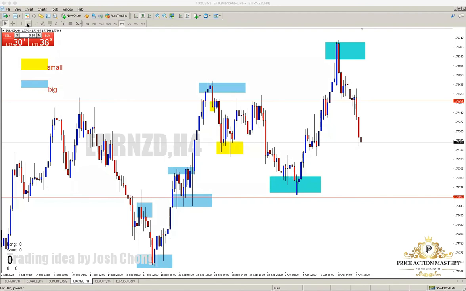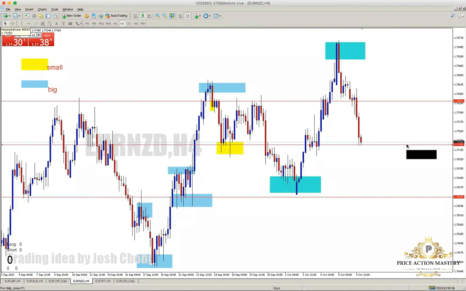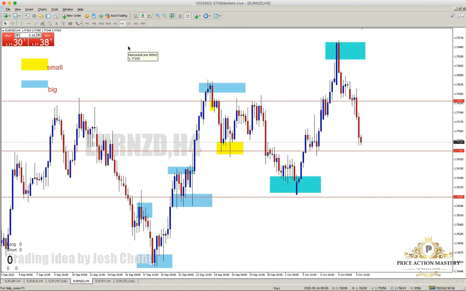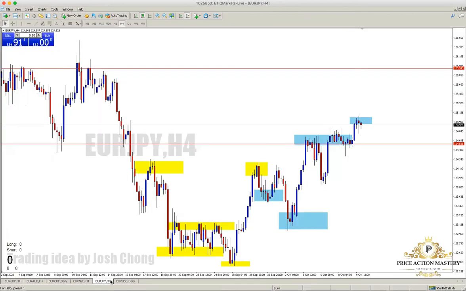So I'm going to see that this is the first level, and that the market is going to advance first. This is my key level. I'm going to see if there is any setup, then I go for a buy. If there's no setup, then I will not go for a buy, and I will not go for a sell either.